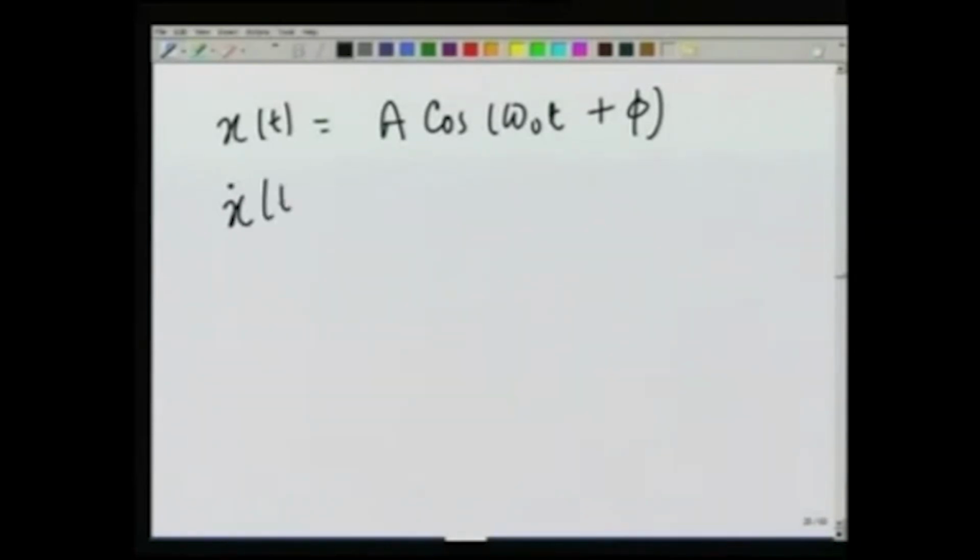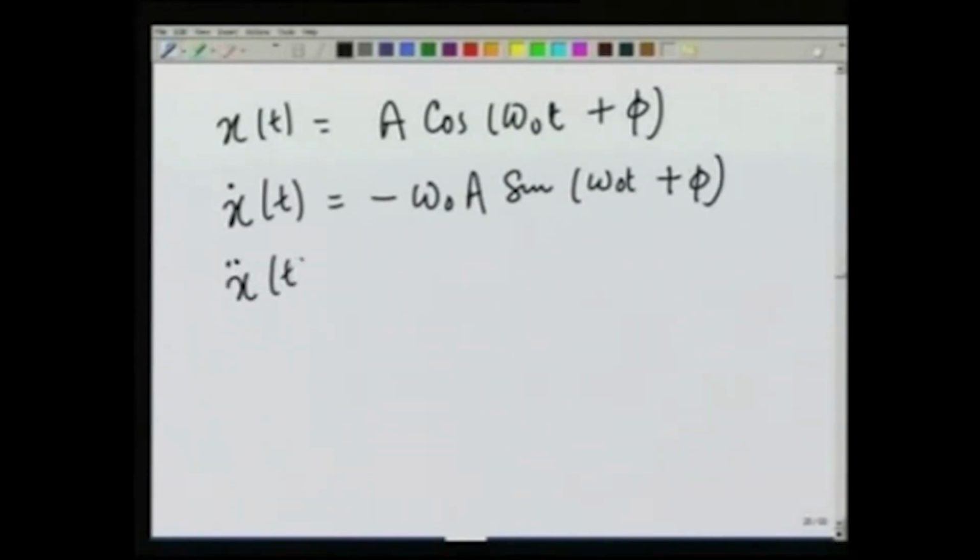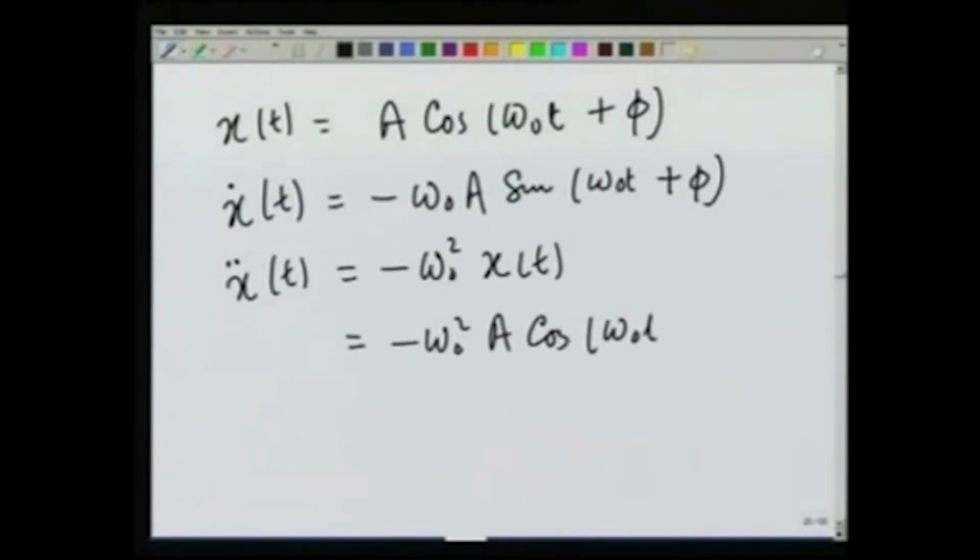The corresponding velocity is minus omega 0 a sine omega 0 t plus phi, and the acceleration is exactly in the opposite direction of the displacement, minus omega naught square x t, which is minus omega naught square a cosine of omega 0 t plus phi.